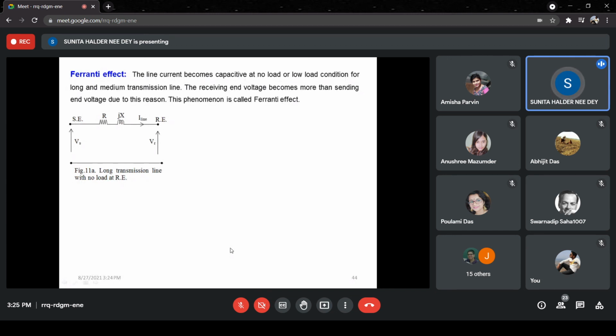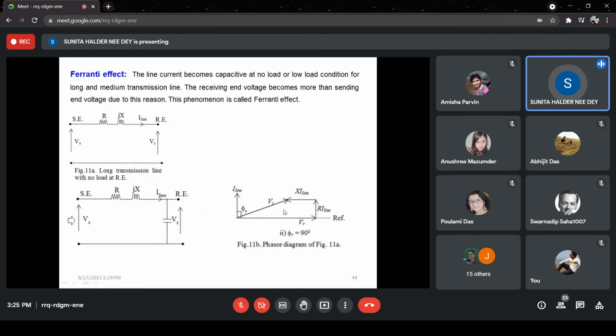Why does it happen? It happens due to the capacitive current flowing through the transmission line capacitors. So this is the line, and for ease of understanding we are assuming there is only one capacitor at the receiving end. Now there is only one current, the line current, flowing.